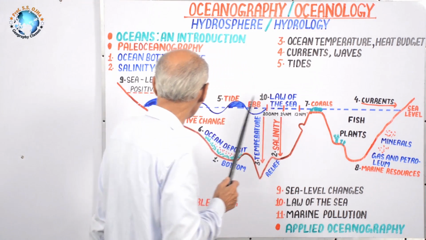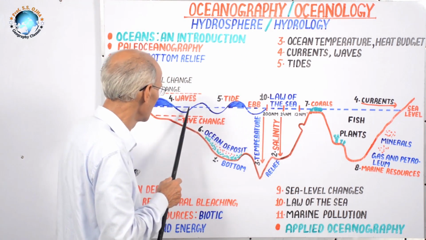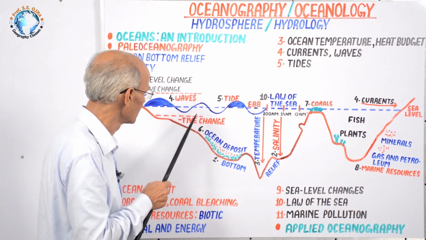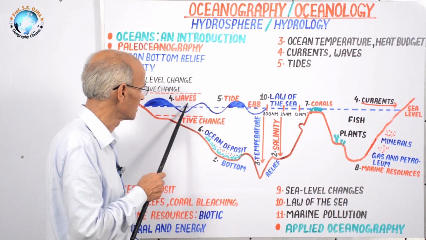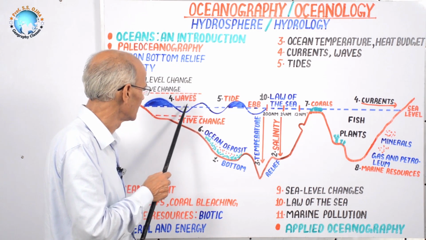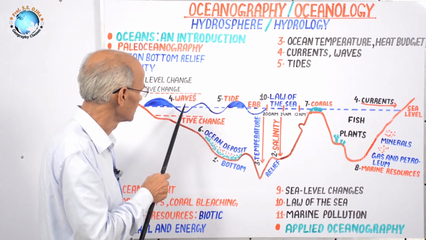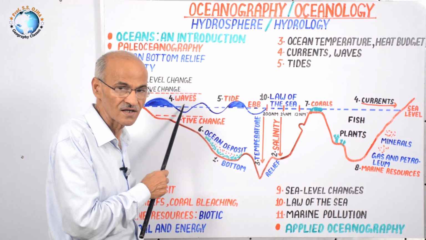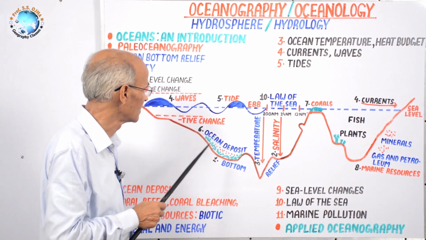And next is wave. Wave is mainly caused by wind, which creates turbulence in water, and it has an erosional impact on the coastal area, and it causes erosional and depositional landforms in coastal areas, which is studied in geomorphology.